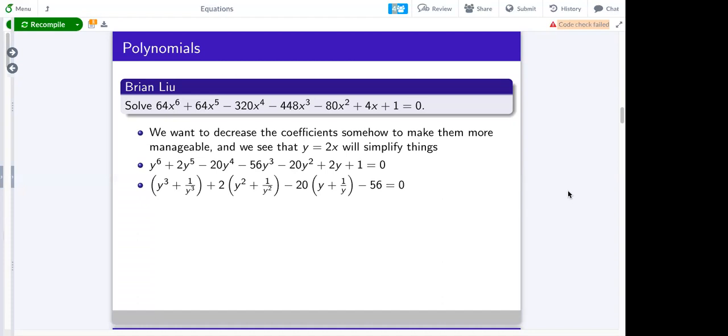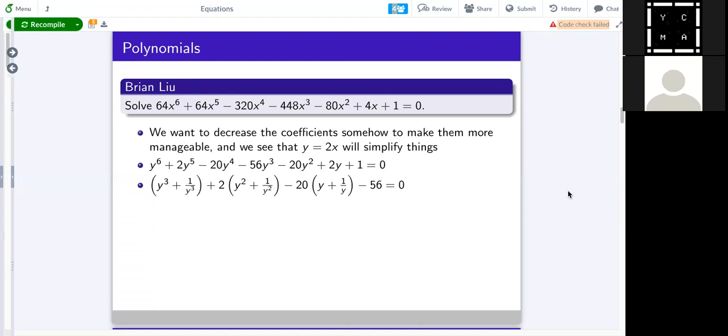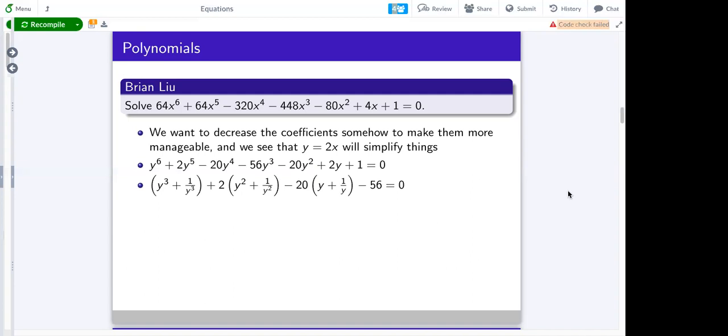So we do have y plus 1 over y. We look at each of those 3 terms that involve y. Y cubed plus 1 over y cubed can be expressed as a function of y plus 1 over y.